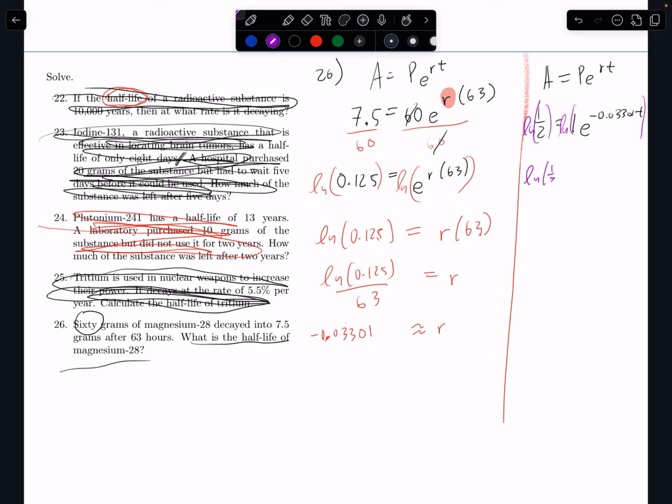It gives me natural log of a half on the left, and on the right, negative 0.03301 t. Divide both sides by that negative number: ln of 1/2 over negative 0.03301.